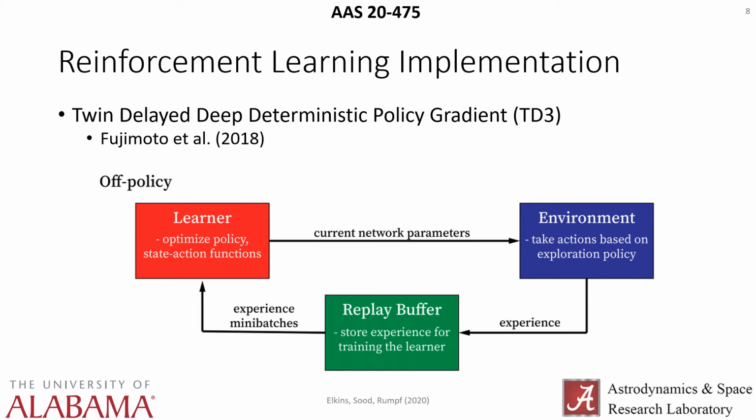For TD3, the exploration policy is you sample an action from your policy, and then you add a Gaussian noise vector with a mean of 0 and a standard deviation such as 0.1 or 0.2. And then you send all these experience tuples, the state, action, reward, and then the next state values, into a centralized replay buffer where you store the experience that the learner then samples many batches out of to optimize its policy and state action functions. And this happens iteratively, so you go around this diagram.